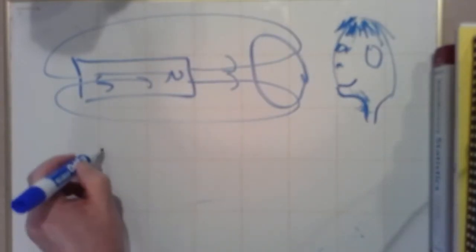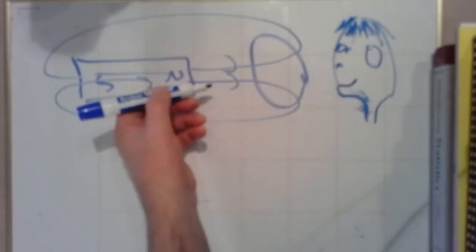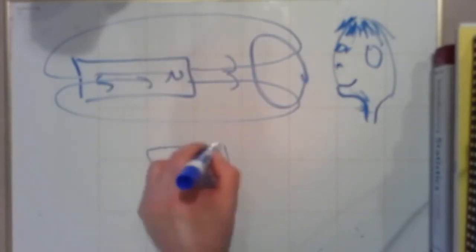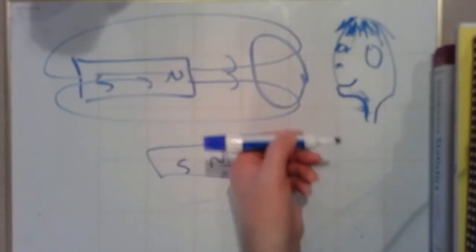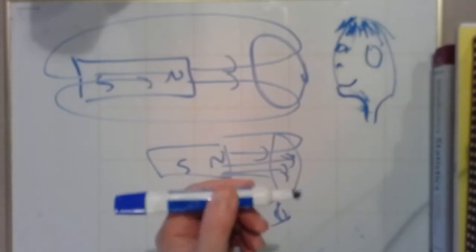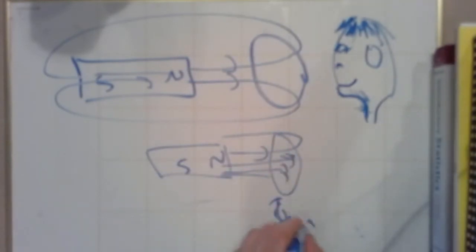So what happens if I bring the magnet toward the guy? Well, right now, he's got so many field lines coming through the loop. If I get closer, we'll have more field lines coming through the loop. So the direction of flux is that way, and flux is increasing in that direction.